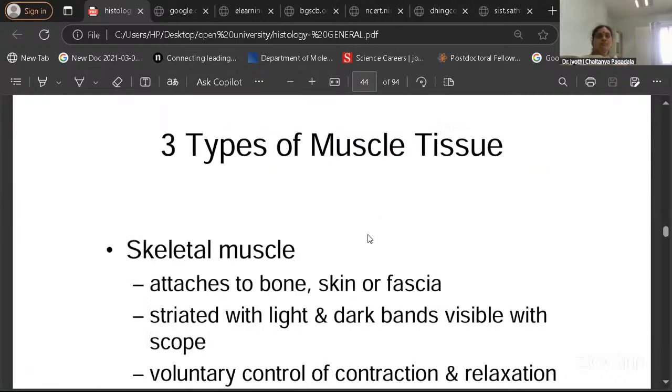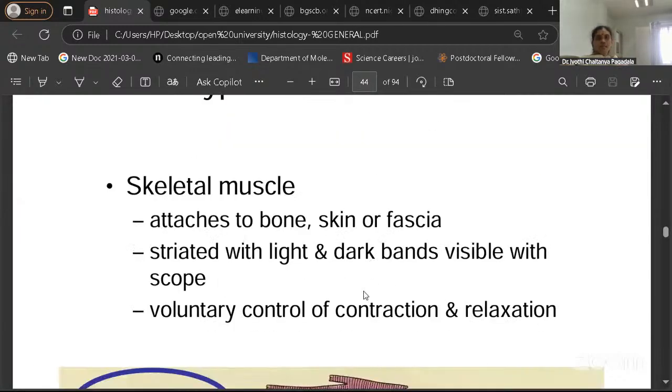Skeletal muscle attaches to the bone, skin or fascia, and is striated with light and dark bands visible with a scope. Voluntary control of contraction and relaxation takes place.